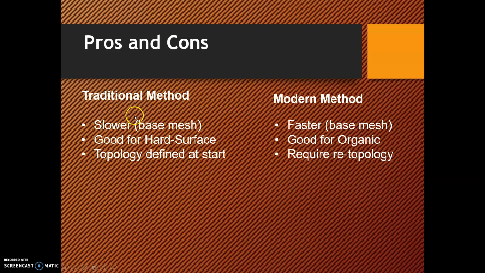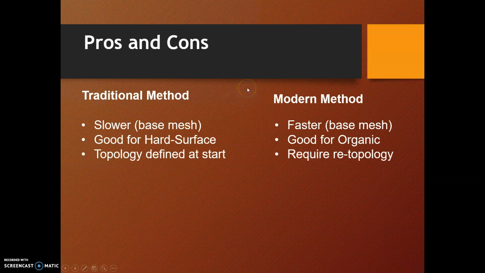When you are doing the traditional method, making the base mesh can be quite slow. I usually use Maya when I have to create hard surface modeling because it's very precise. You can move the vertex and there's a lot of grid. And the good thing about this old method is that you define the topology at the start, so you don't have to go through the retopology stage.